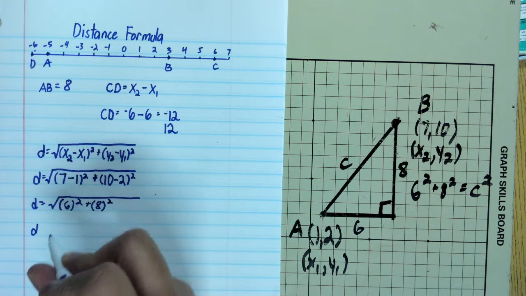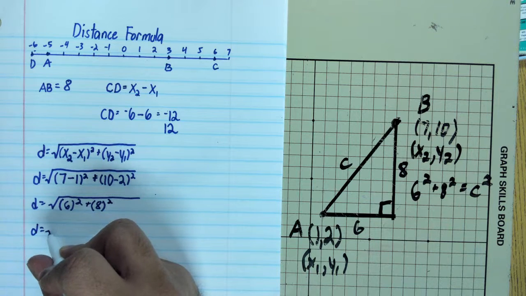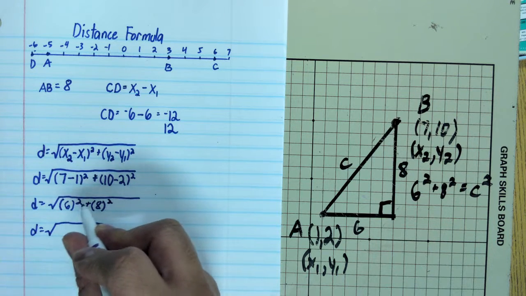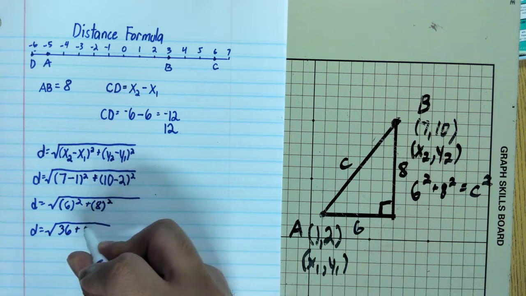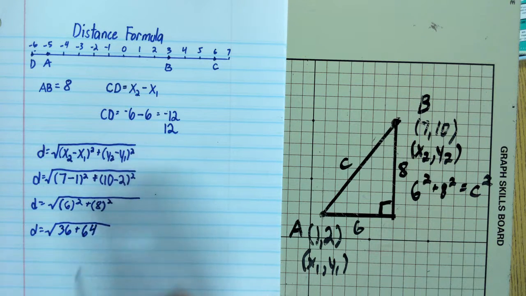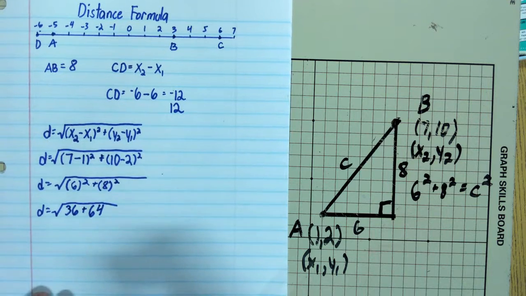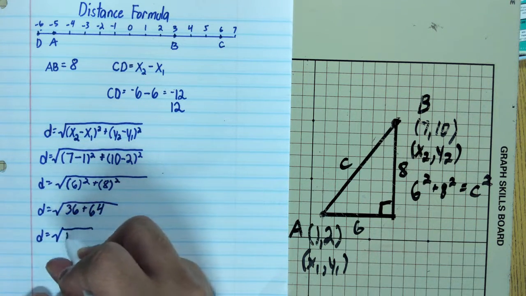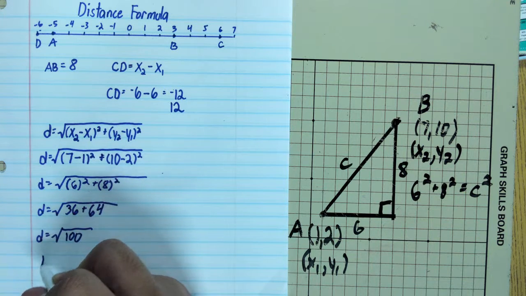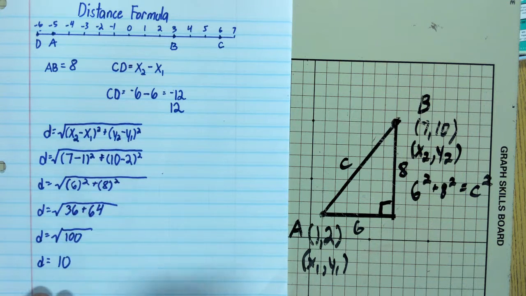The square root is still there, we're not touching it until the very end. 6 squared, 6 times 6 gets me 36, plus 8 squared, 8 times 8 gets me 64. So ultimately I am taking the square root of 100, and the square root of 100 is 10.